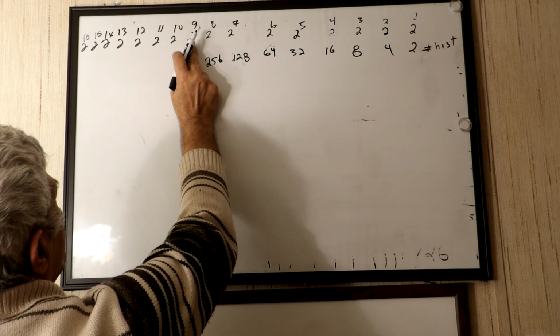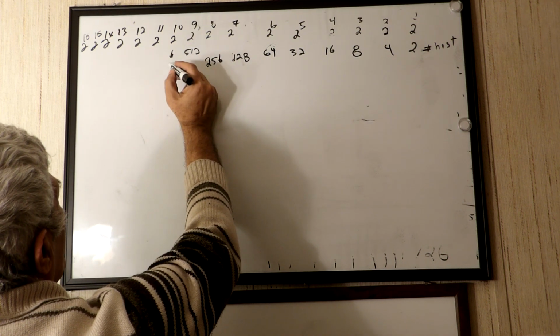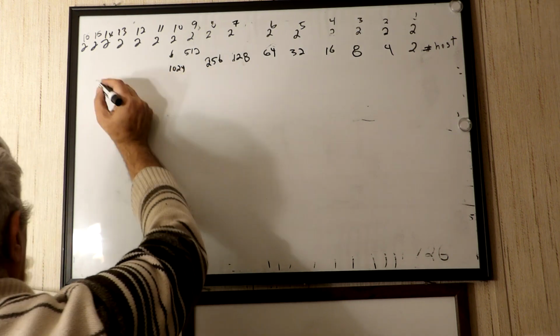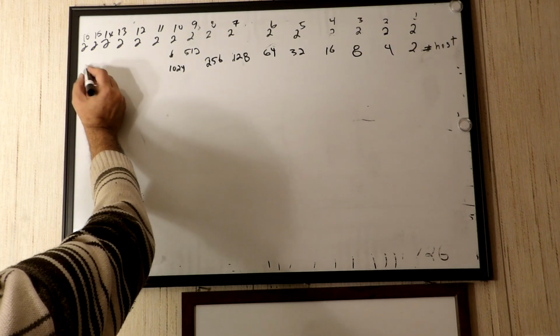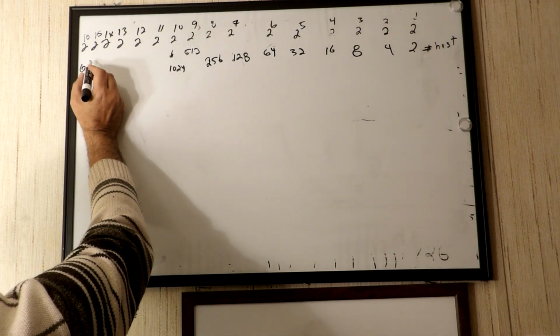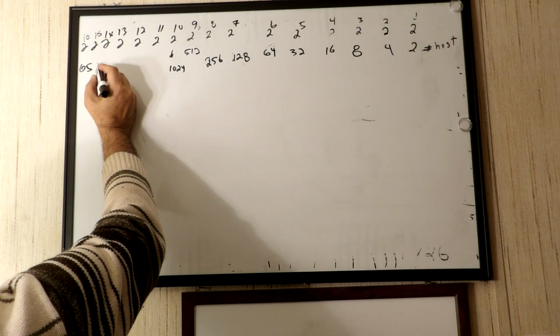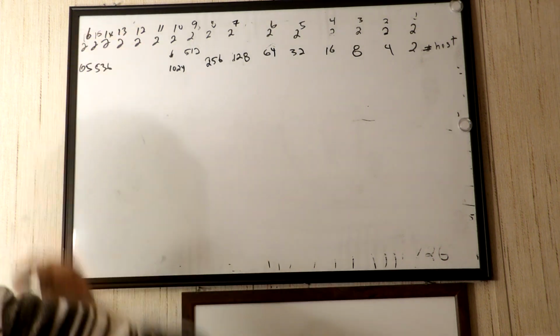This one is going to be 512. This one is going to be 1,024, and so on, up to 65,536. This is 2 to the power of 16.